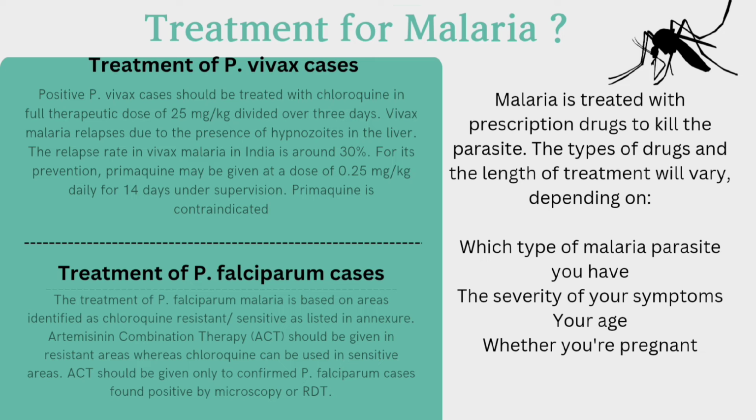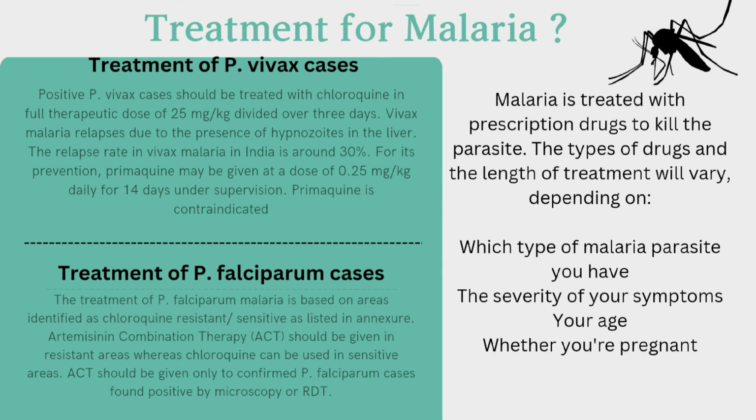The treatment of P. falciparum malaria is based on areas identified as chloroquine resistant or sensitive, as listed in the annexure. Artemisinin combination therapy, ACT, should be given in resistant areas, whereas chloroquine can be used in sensitive areas. ACT should be given only to confirmed P. falciparum cases found positive by microscopy or RDT.